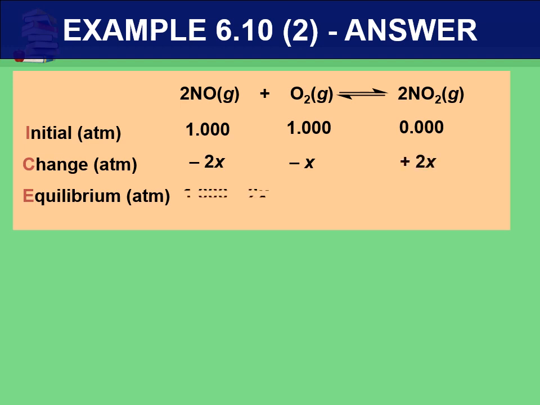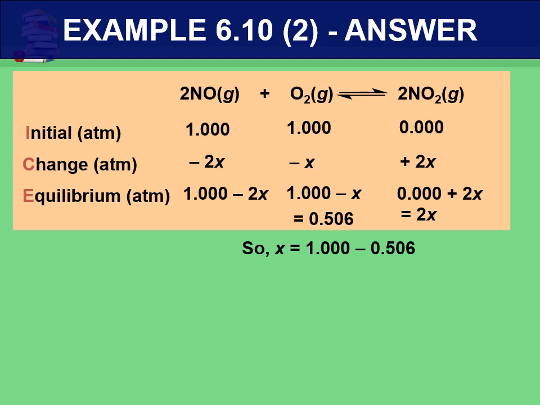And what is the equilibrium pressure? For NO it is 1 minus 2x, for O2 it is 1 minus x, and for the product 0 plus 2x, making it 2x. Now, in the question, it is given that the partial pressure of oxygen gas is 0.506 atm.